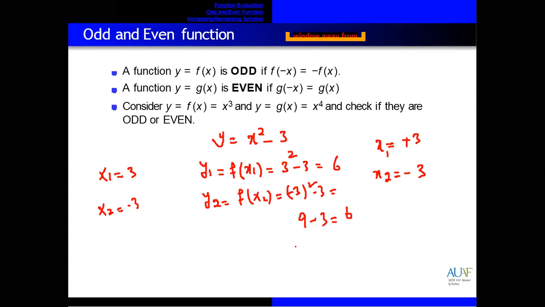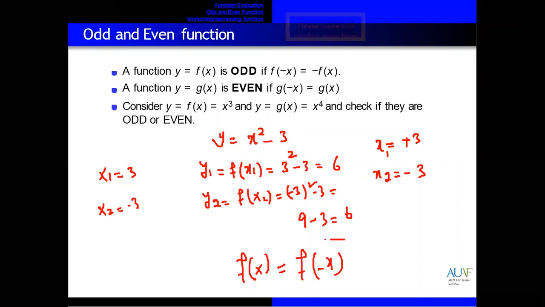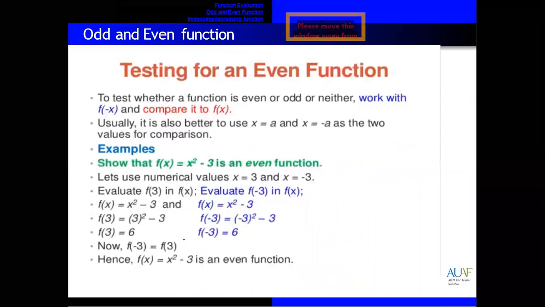That function is called an even function. So the condition for an even function is f of x equal to f of minus x. Okay, let's try one example of an even function.